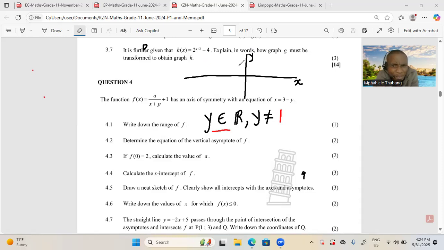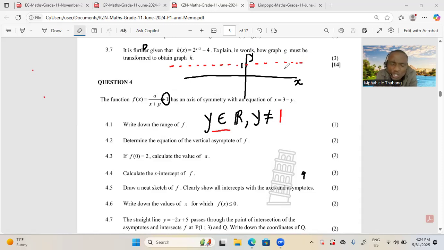What is the y asymptote? The y asymptote is 1. If you go to f of x, the number at the end is the y asymptote. You draw a dotted horizontal line on the y asymptote. I'm showing you how to represent the y asymptote, which is 1.